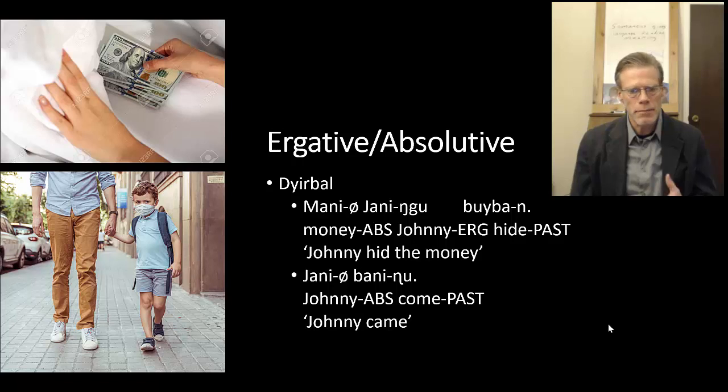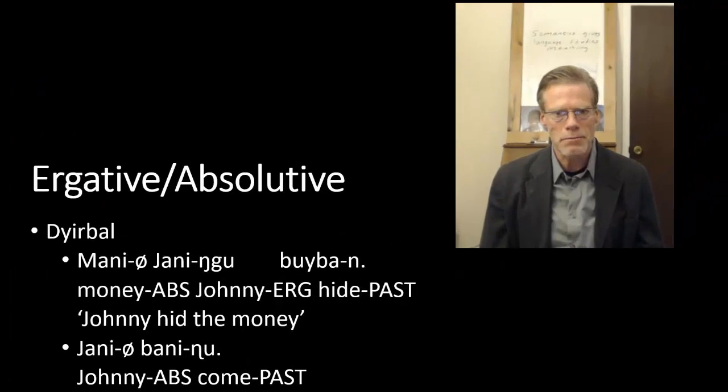So Johnny is the semantic subject, money is the semantic object, and hide is our two-place predicate. Okay, so Johnny hid the money. But when we've got a one-place predicate, come, Johnny came, in that case, Johnny takes the absolutive suffix, meaning that when it's a one-place predicate, it acts similarly to the object of a two-place predicate. That's an ergative absolutive system.